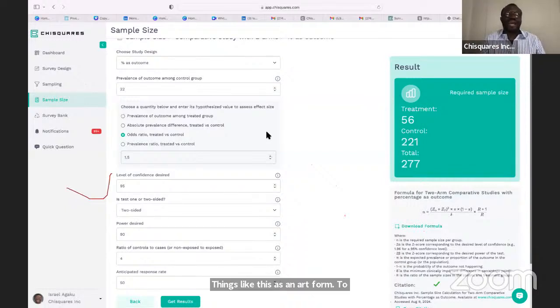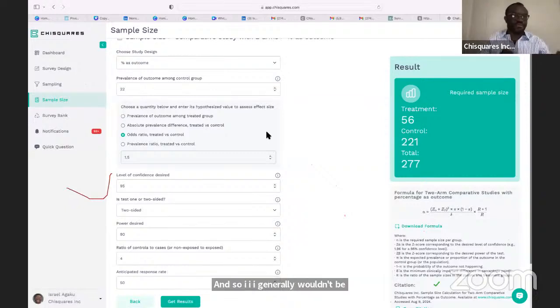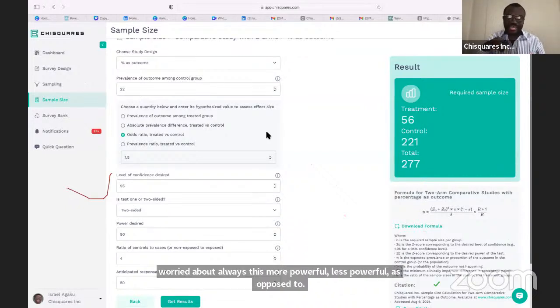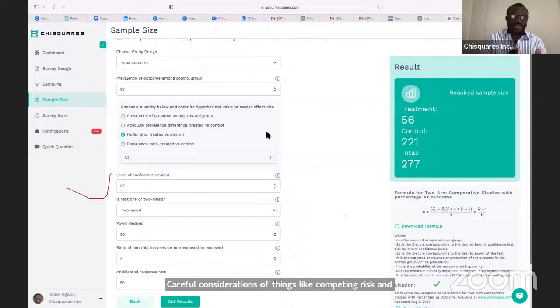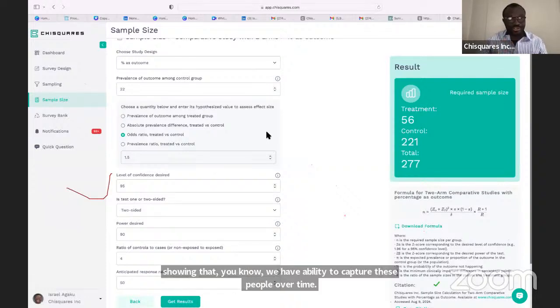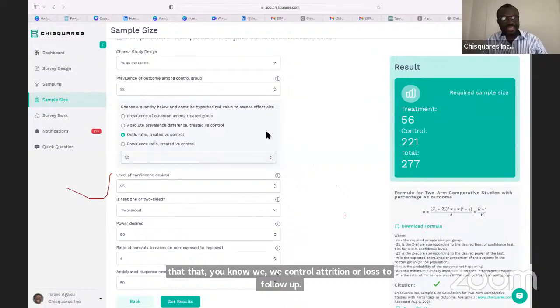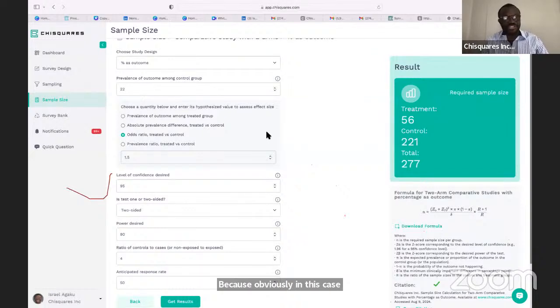And so I generally wouldn't be too worried about, oh, is this more powerful or less powerful, as opposed to careful considerations of things like competing risks and ensuring that we have the ability to capture these people over time, and that we control attrition or loss to follow up. Because obviously in this case, you will most likely have differential loss to follow up between the two groups.